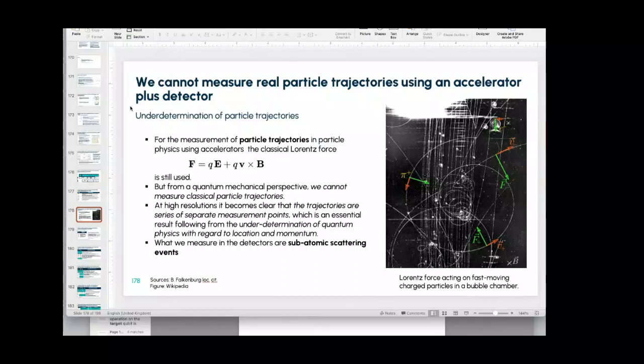At high resolution, it becomes clear that the trajectories are a series of separate measurement points, an essential result following from the underdetermination of quantum physics with regard to location and momentum. Because of the Heisenberg uncertainty principle, when we measure a trajectory, we can only measure points on it. What we really measure in the detectors are subatomic scattering events, but we don't measure real trajectories.